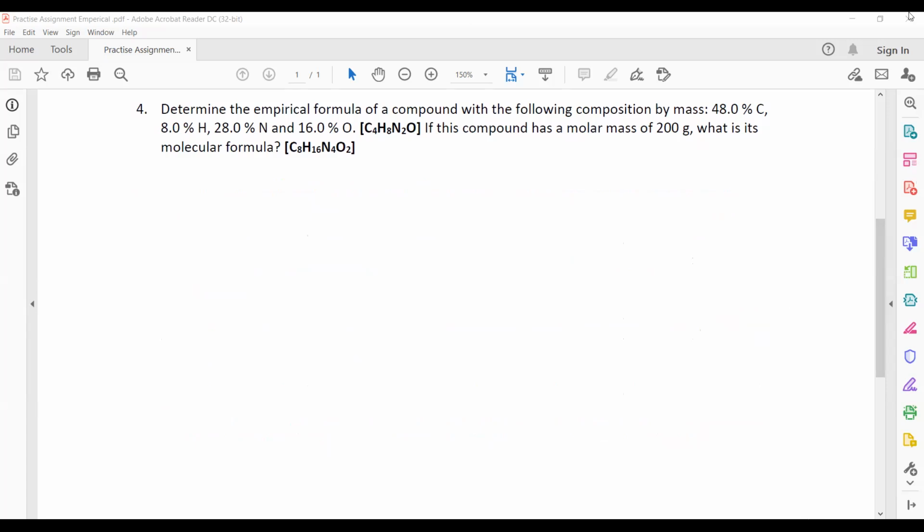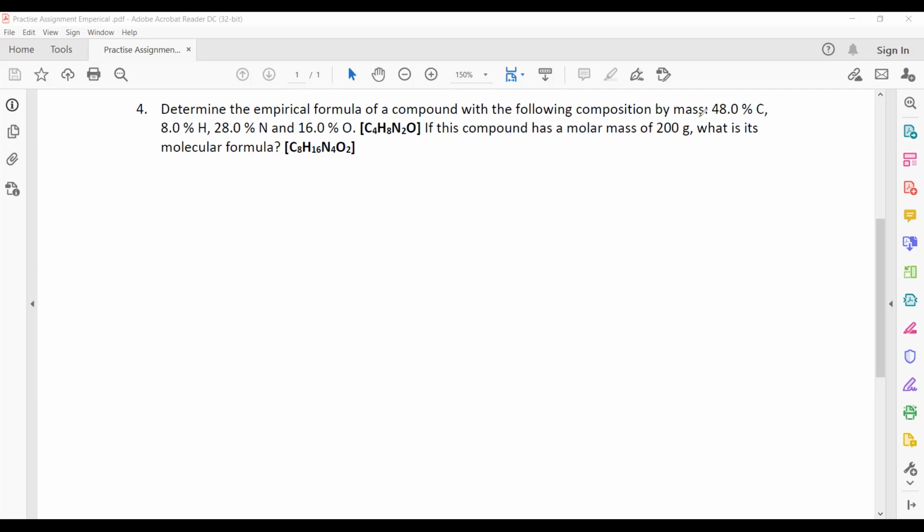In this question, actually, we have to find both empirical and molecular formula. So first we'll determine the empirical formula, and from empirical formula we'll determine the molecular formula. Without empirical formula, we cannot find a molecular formula.